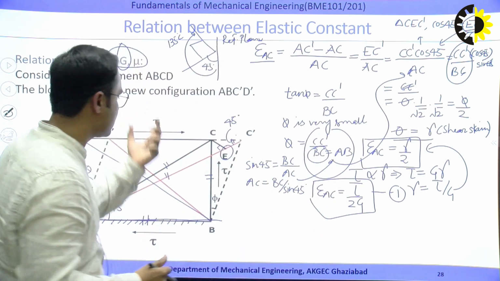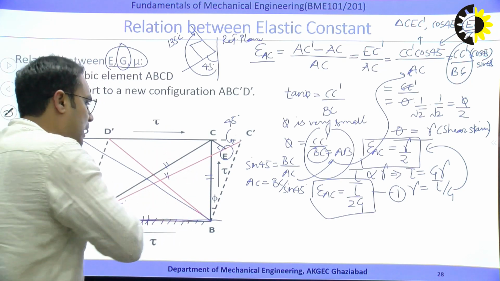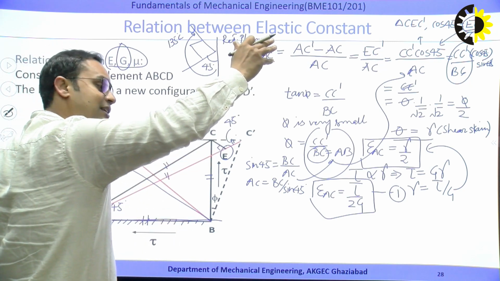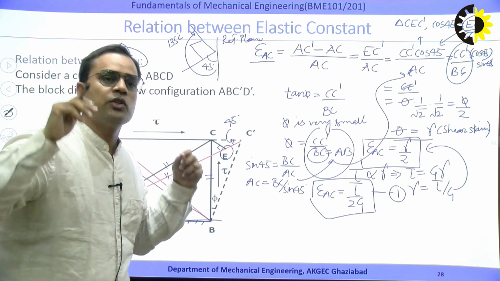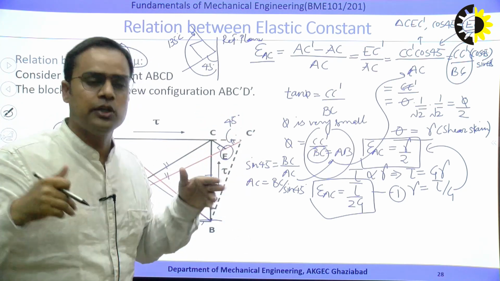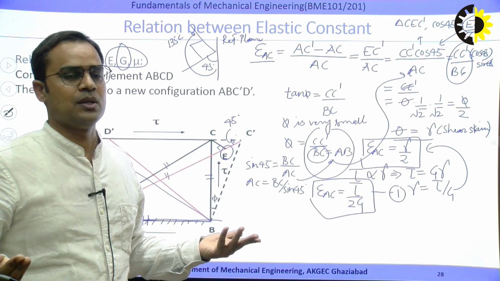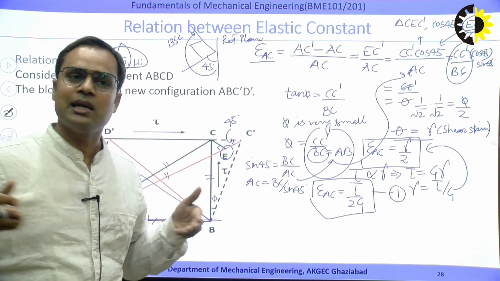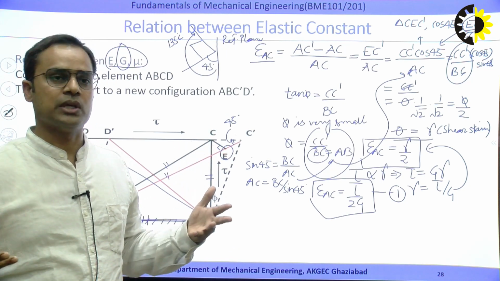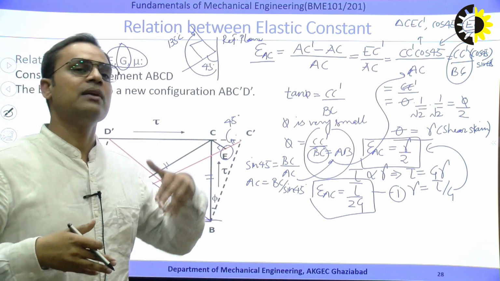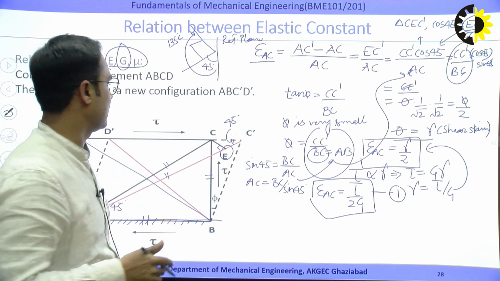We can also understand from this geometry. One diagonal's length is increasing, another diagonal's length is shortened. Length increased is due to the tensile, length shortened is due to the compressive. So there are two planes, one under tensile load, another under compressive load in case of pure shear, and these planes are at 45 and at 135 degree.